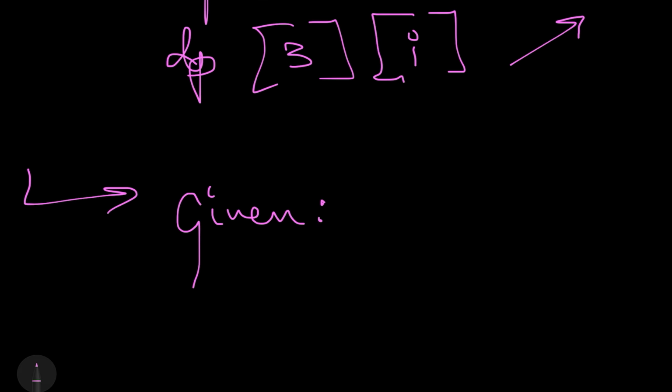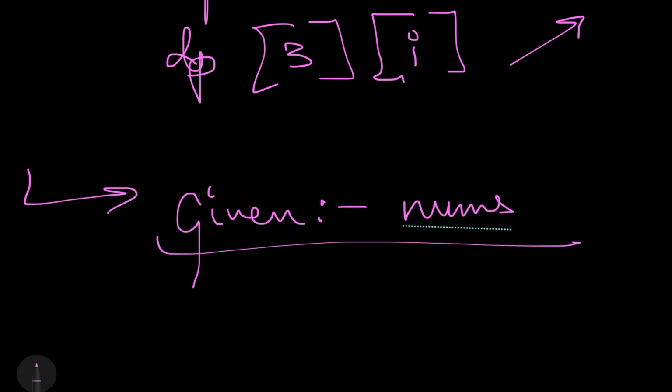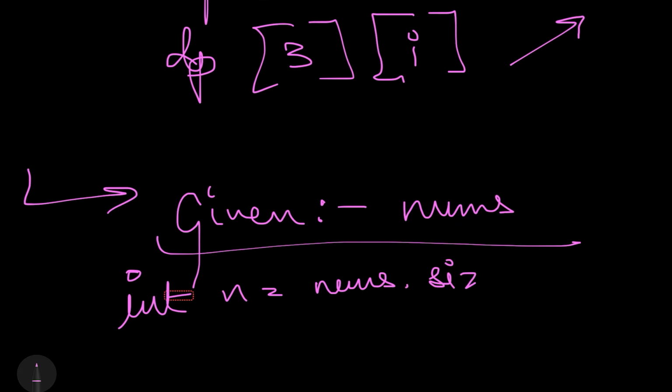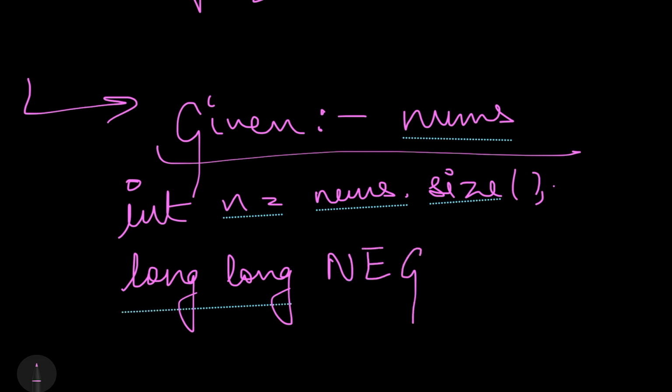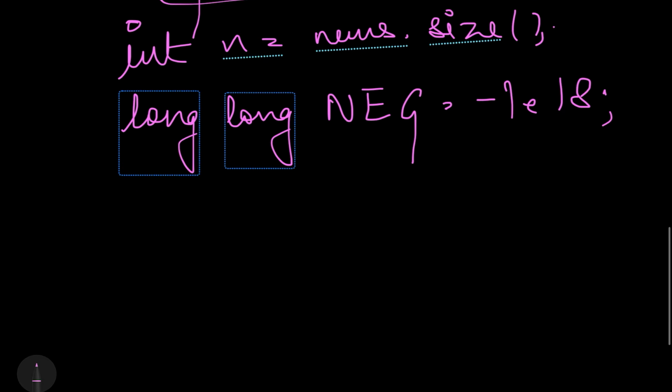We have been given our nums array. We'll first take a variable to store the size of this nums array. Then we'll take a variable holding a negative value, approximately the largest negative value.